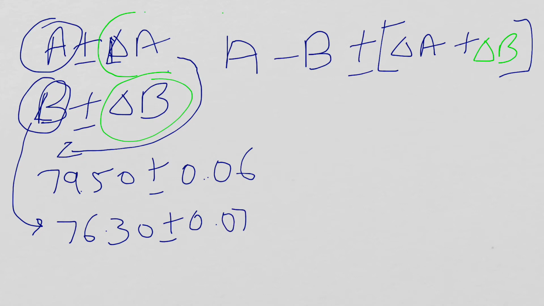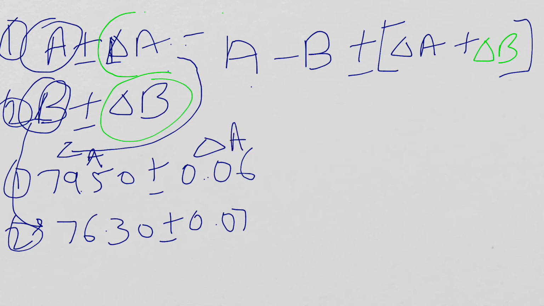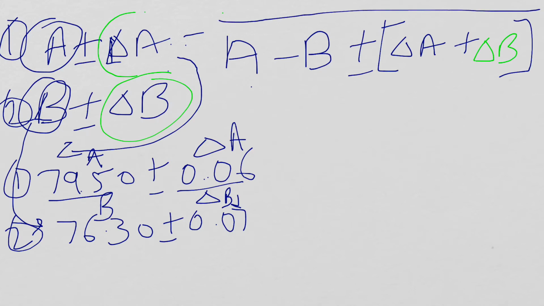So now we will substitute the values. A is 79.50 and delta A is 0.06; B is 76.30 and delta B is 0.07.